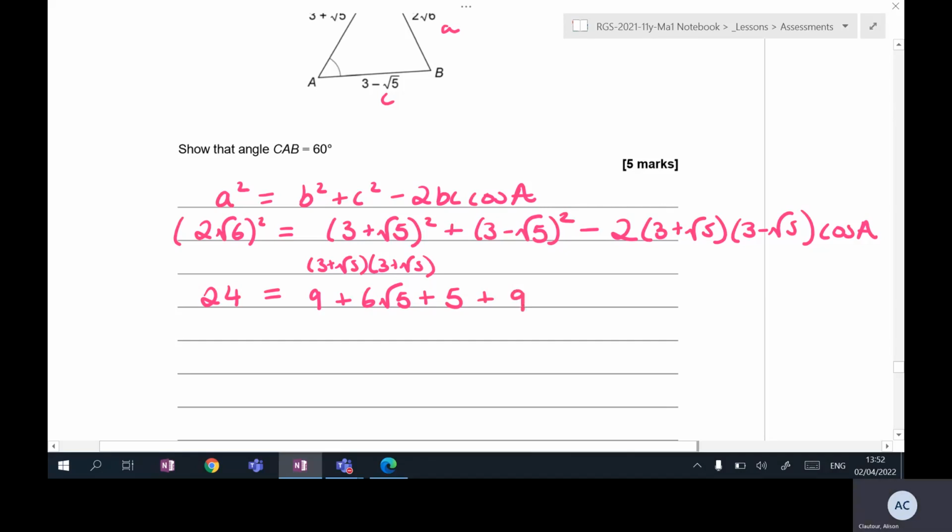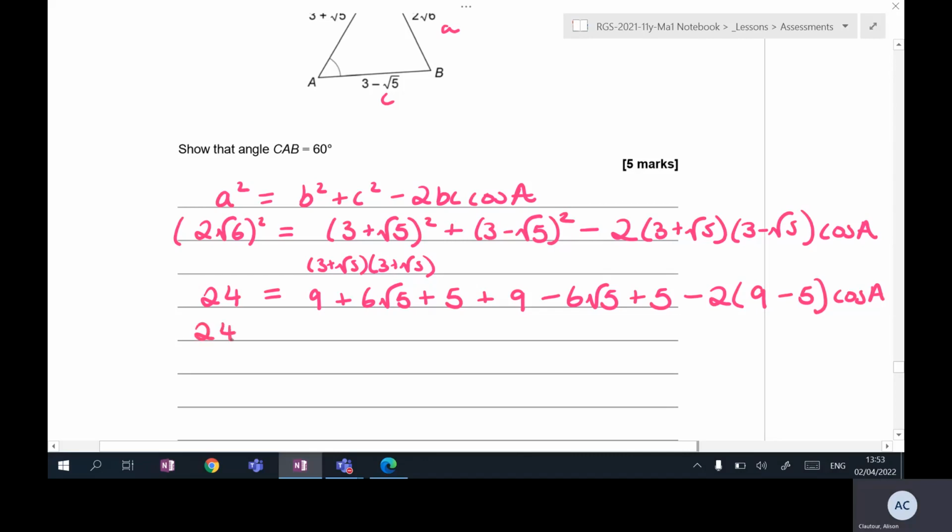So we've still got 9, this will be minus 6√5 instead. Add 5. Okay, I'm just going to leave that 2 there. So this would be the difference of 2 squares. So 9, and your plus 3√5 and your minus 3√5 are going to cancel out. And just have -5 cos A.